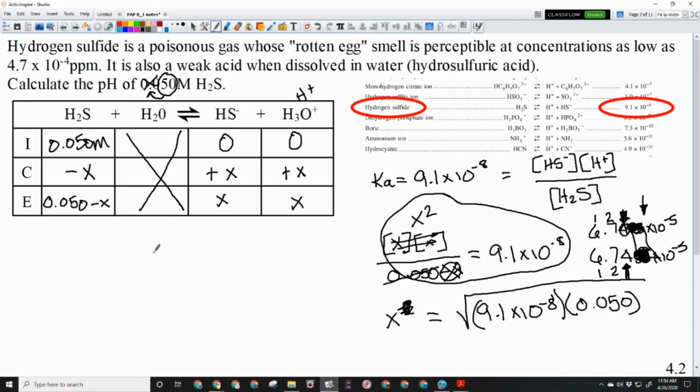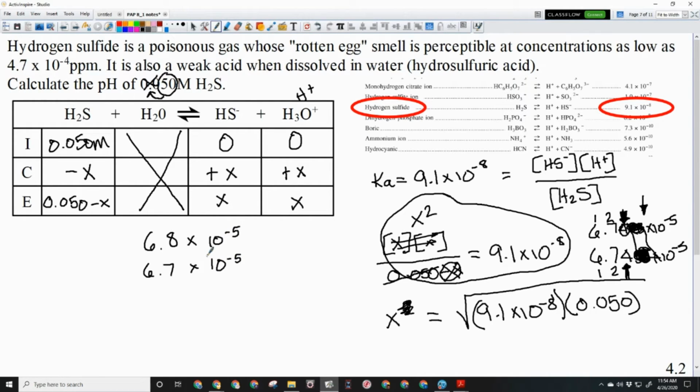Now you're not going to be docked and you're not going to be counted off at all if you show your work like this and you've done your work properly, but you just missed the answer by a 0.1. Okay, no one is going to count off for that. No one ever.